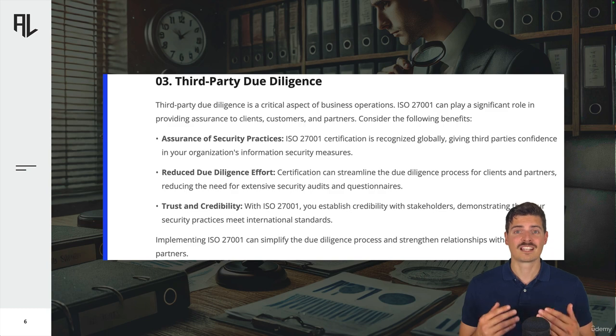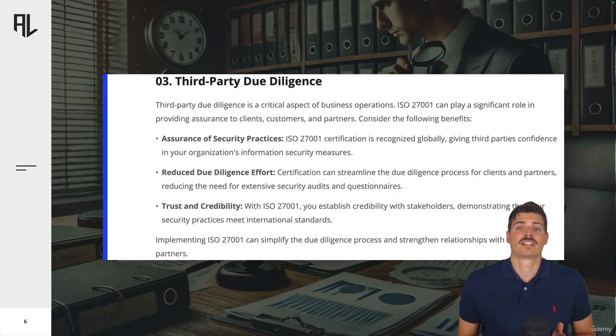Now, by obtaining an ISO 27001 certificate, you can maybe improve or simplify the whole third-party due diligence process because the certificate is issued by an independent third party, and therefore it can provide assurance to customers that you actually do what you're saying you're doing.